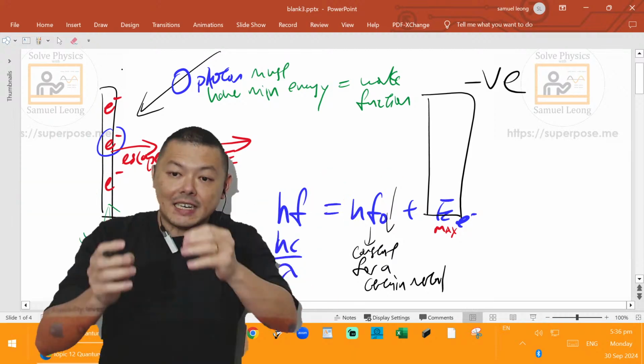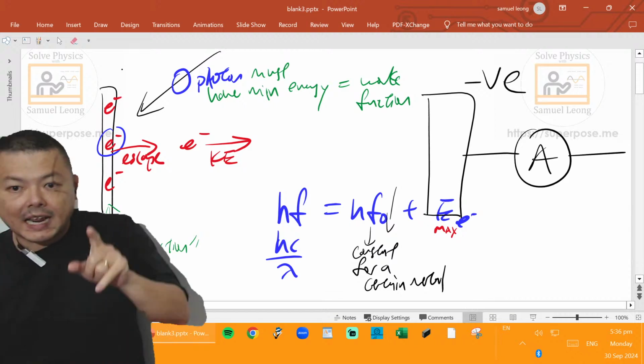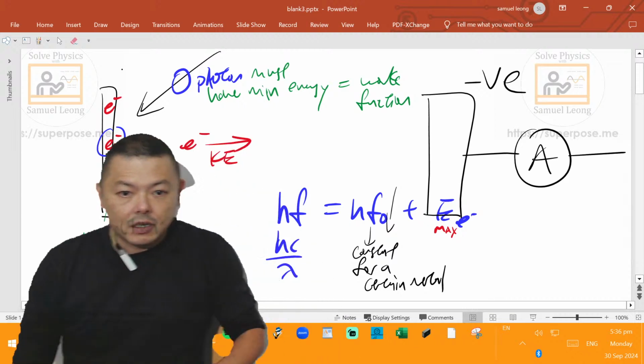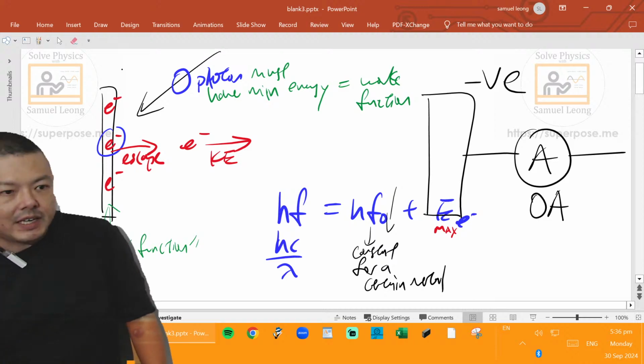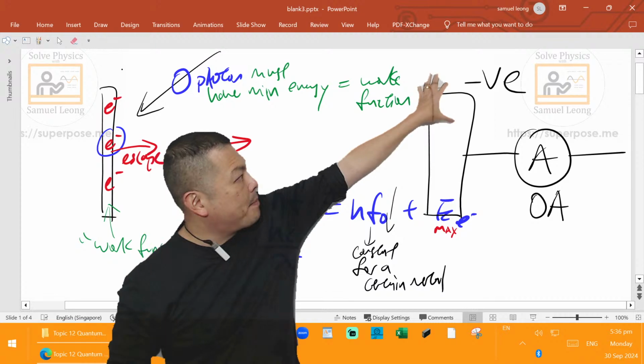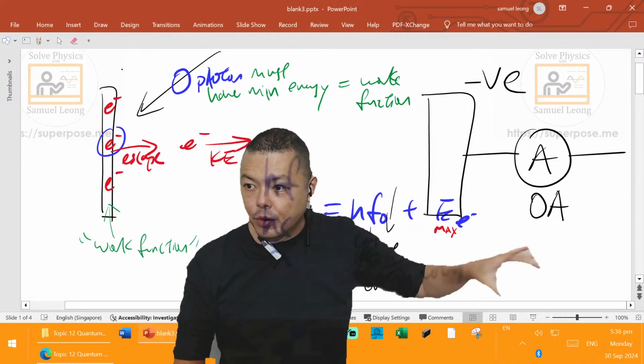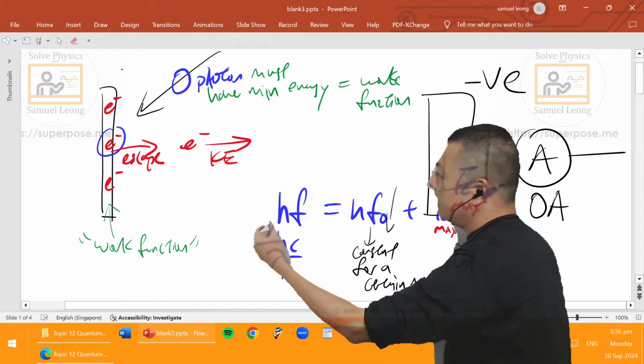Then yes, you connect an ammeter to this plate, and you make sure that the ammeter reading is 0. By setting it up like this with a negatively charged metal plate and a current of 0, you are able to find out what is the Ke of the electron.